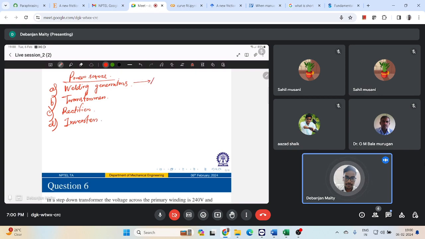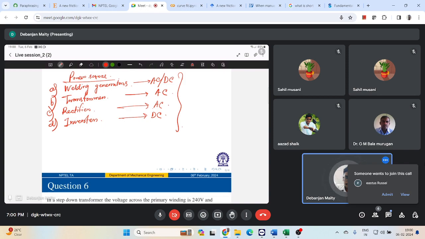This can provide you both AC or DC. Welding transformer always provides you the AC power supply. Welding rectifier also provides you AC, and the inverter will always provide you a DC power supply. Correct?